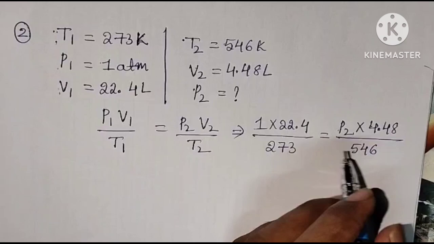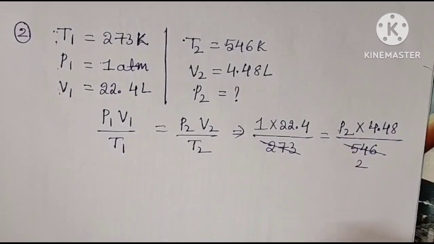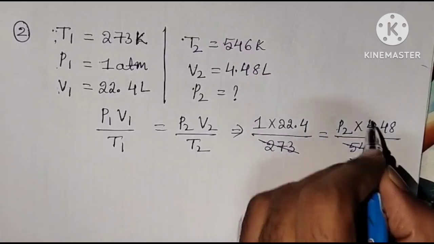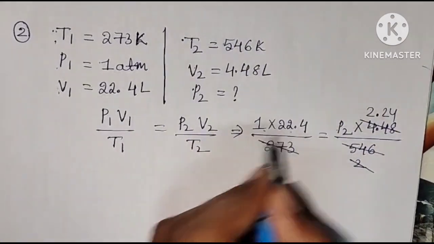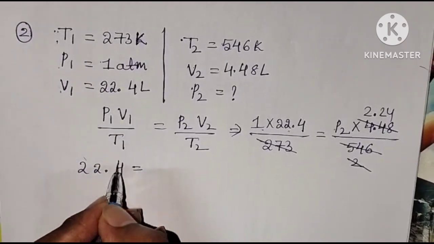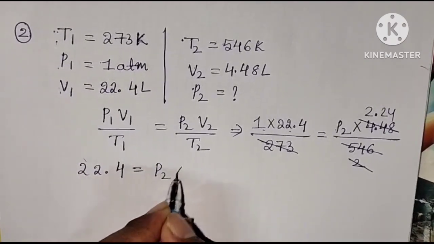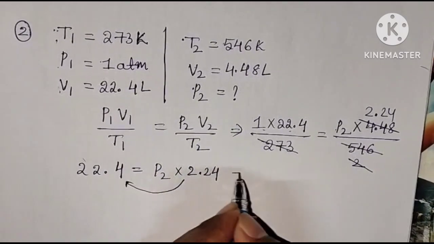Now let us make calculation simplifications here. 273 twos are 546. Okay. 2 ones are 2, 2 twos are 4, 2 twos are 4, 2 fours are 8. 1 into 22.4, 22.4 is equal to P2 into 2.24. Now transpose 2.24.